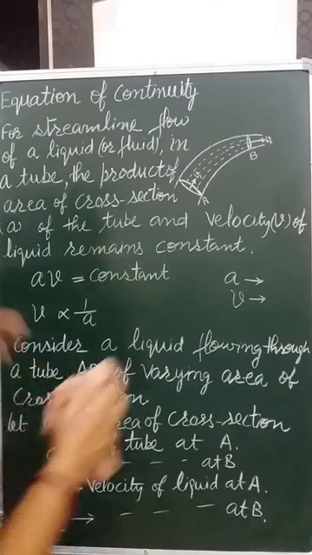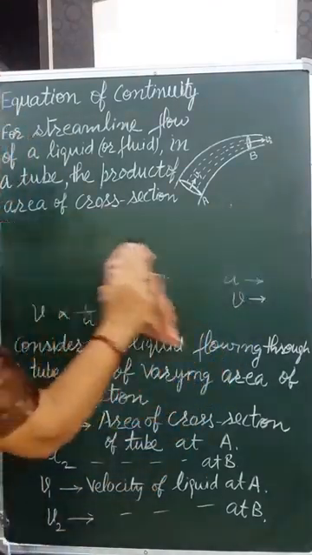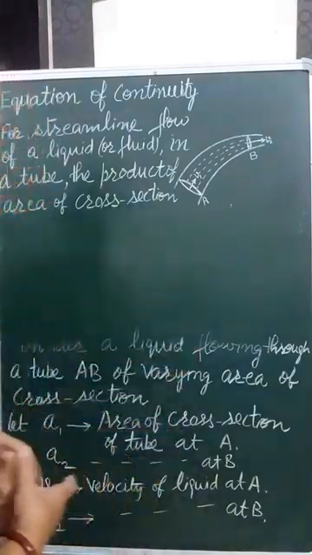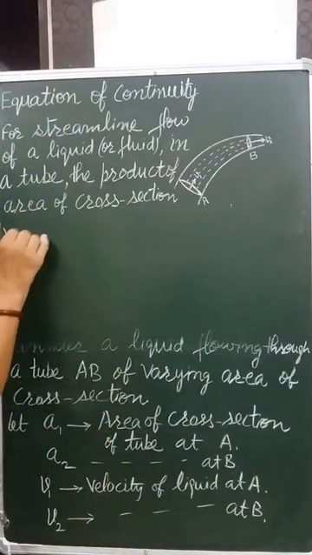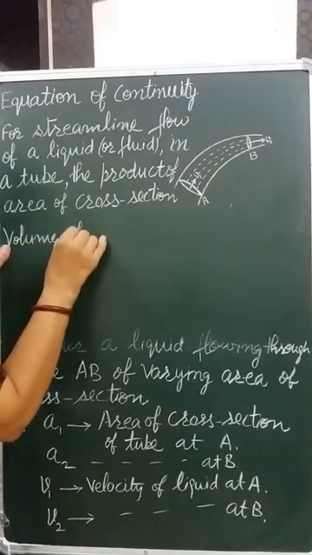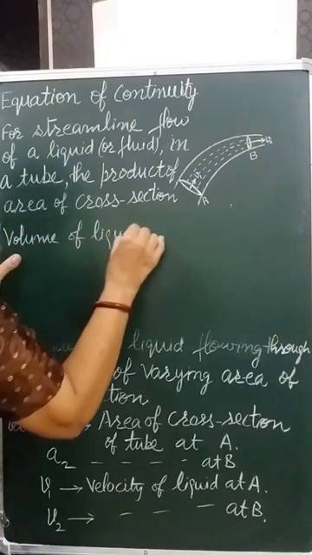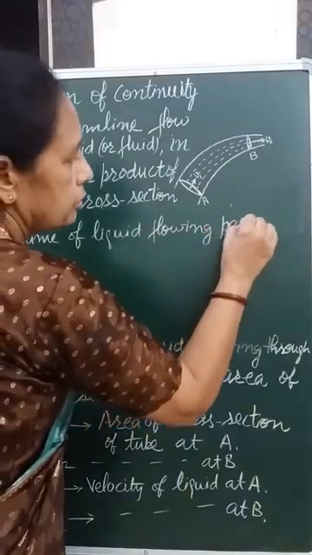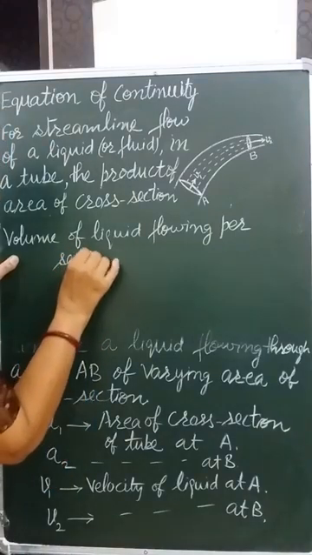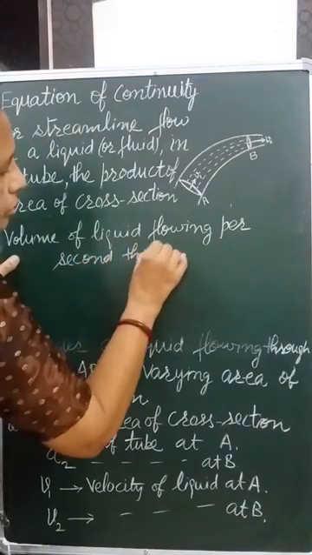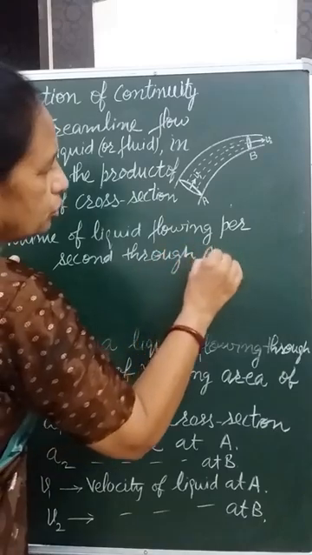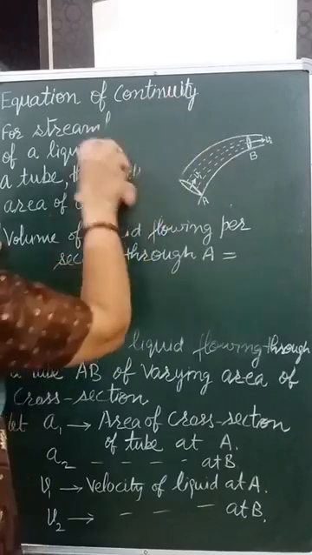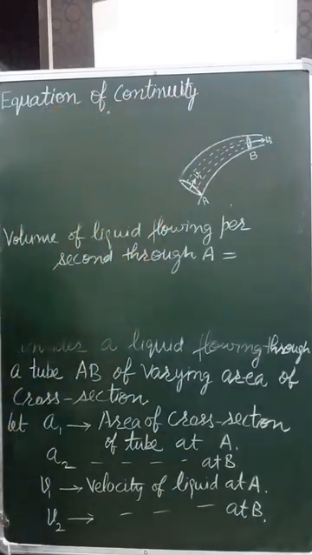We find out the volume of liquid flowing per second through A. How much volume of the liquid is flowing in 1 second?